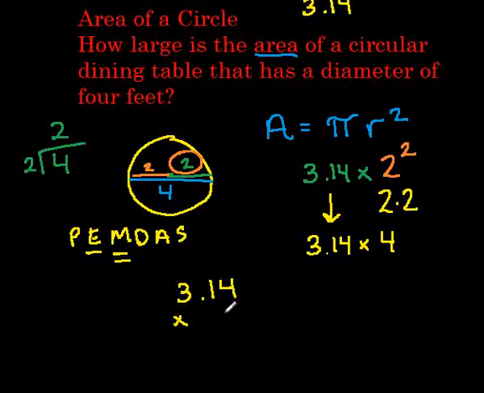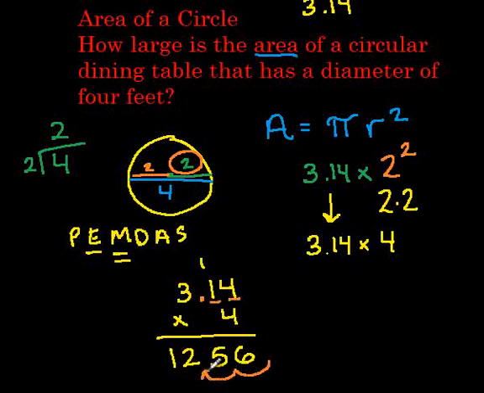3.14 times 4. Well, 4 times 4 is 16. Carry the 1. 4 times 1 is 4, plus 1 is 5. And 4 times 3 is 12. If I count the number of places after the decimal, there are 2 places, so I bring the decimal in once, twice.